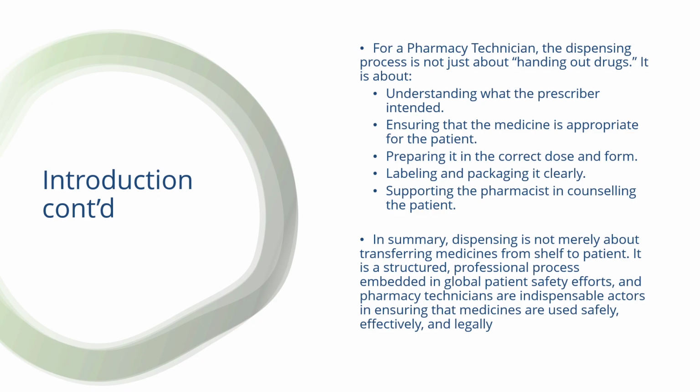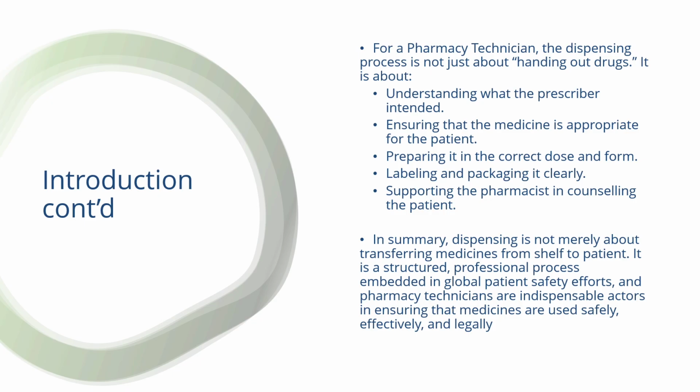And lastly, it has to be taken in the right regimen, the dosage as it's supposed to be. If you're supposed to take it after eating or with food, it's important that the pharmacy technician ensures that the medicine is appropriate for the patient.